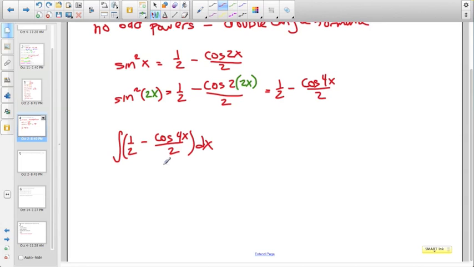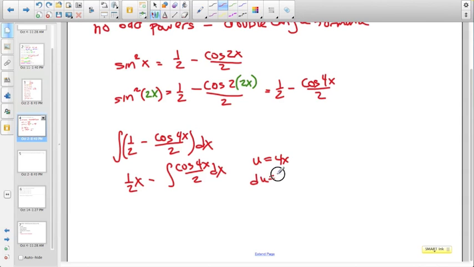And so when we look at this one, integrating this with respect to x, we get 1/2 x minus, and I'm just going to leave this in the integral for just a minute here, because what we need to do is a u sub on the 4x. So if we let u equals 4x, and this is a calc AB skill, right?